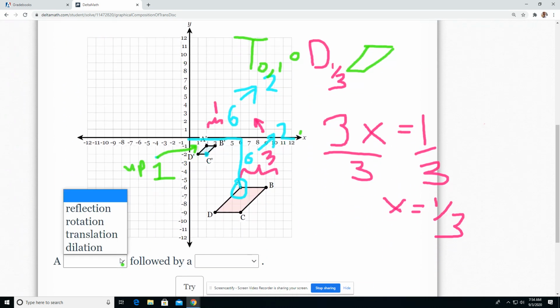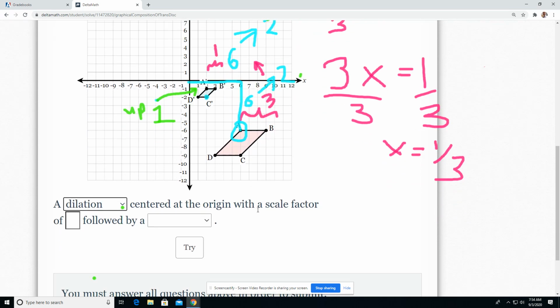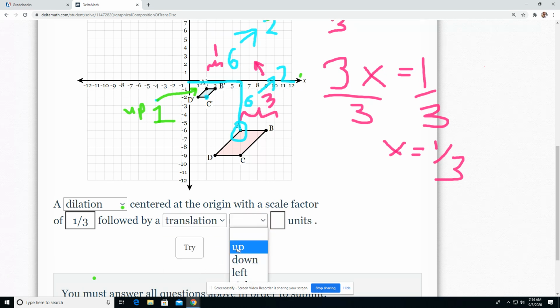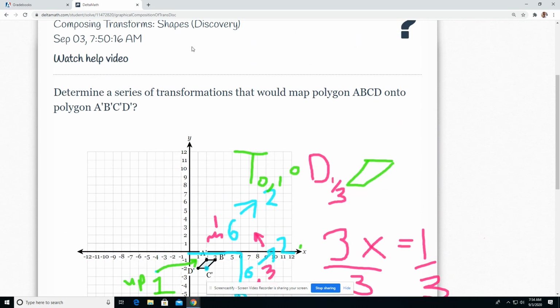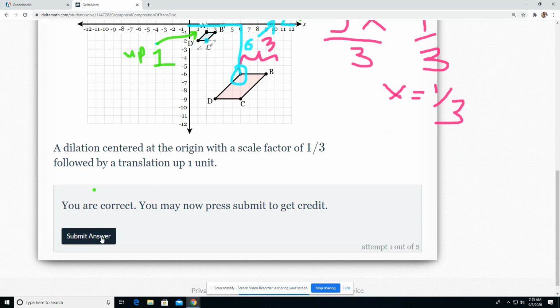So it's a dilation centered at the origin with a scale factor of 1/3, followed by a translation. This one was up 1 unit. And since this is a discovery type problem, it will give you some help along the way if you get something wrong, and you'll see how it moves. But there's my dilation, lands where I wanted it to, and then it moves it up 1, and that links together. Submit answer.